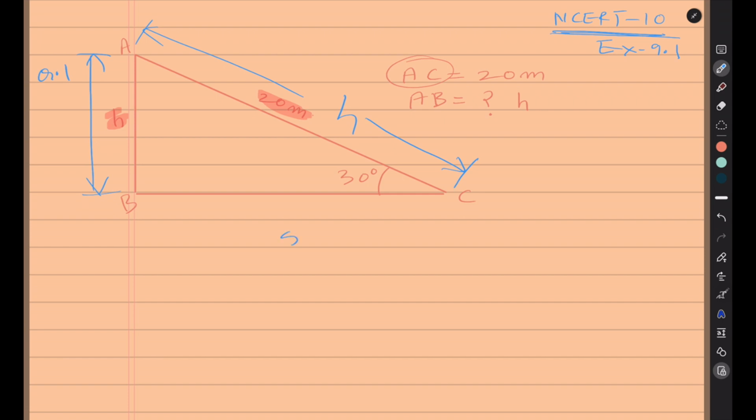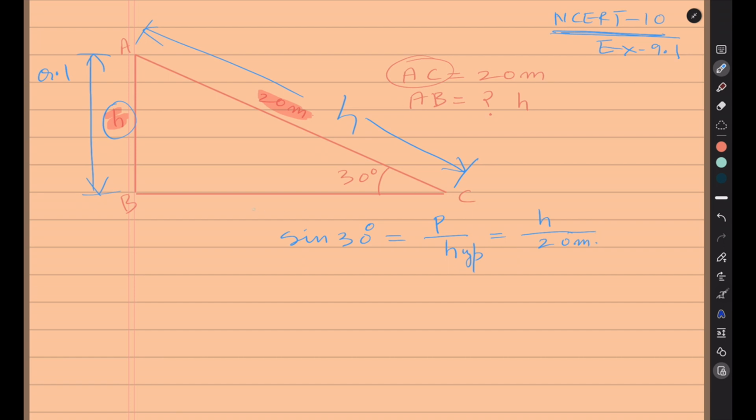So sine 30 degrees will be equal to perpendicular divided by hypotenuse, isn't it? P is H, the height of the tower, and the hypotenuse is equal to 20 meters.